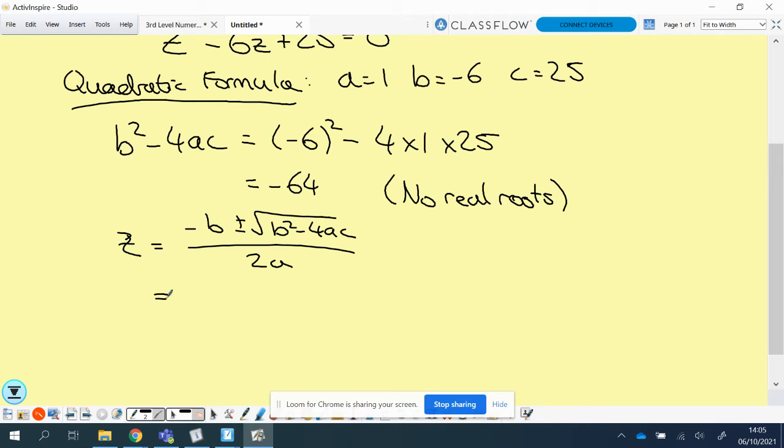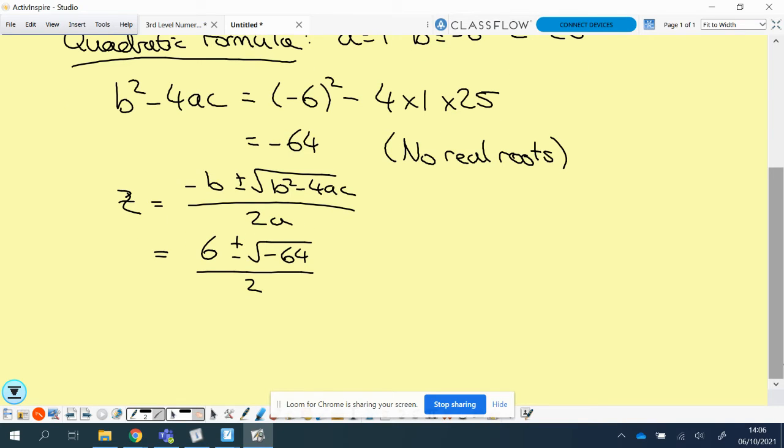Substituting the numbers in gives 6 plus or minus the square root of negative 64, and that's why that was a problem before, all over 2 times 1, which is 2. Originally we would have been told to stop because we couldn't work that out.